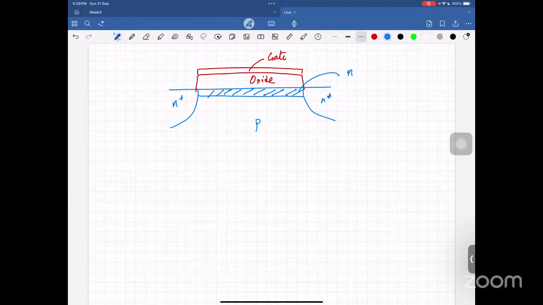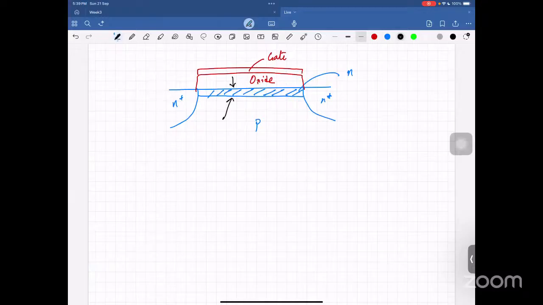So now the question is, what is pinch off? Pinch off is essentially when your channel is getting restricted. So in this picture, there is one small thing that we have to notice. This inversion charge that you are showing here is a very, very thin layer of inversion charge.